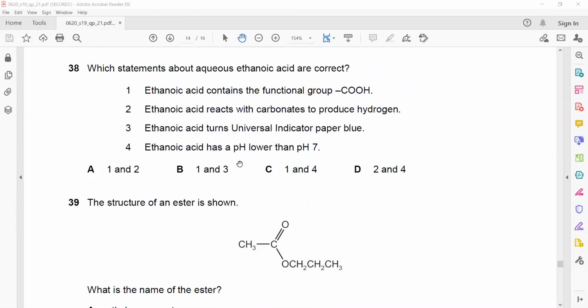Question 38. Sir, this is from organic chemistry, right?